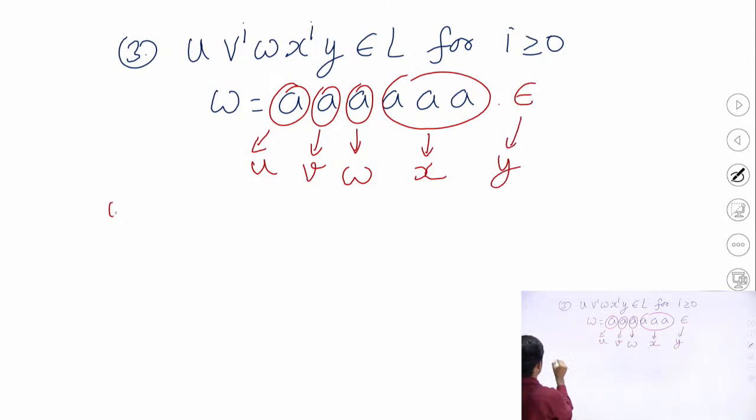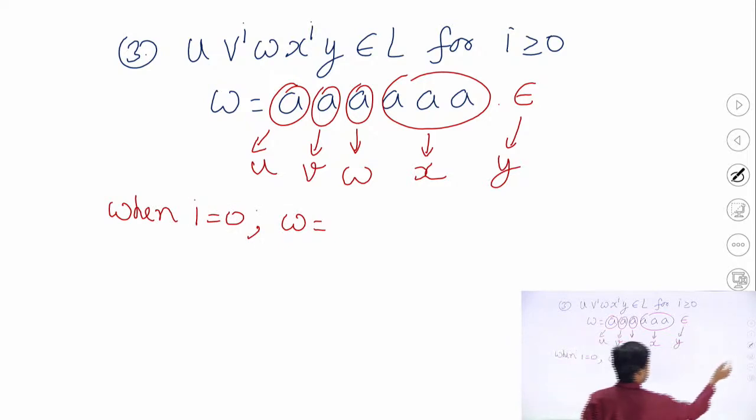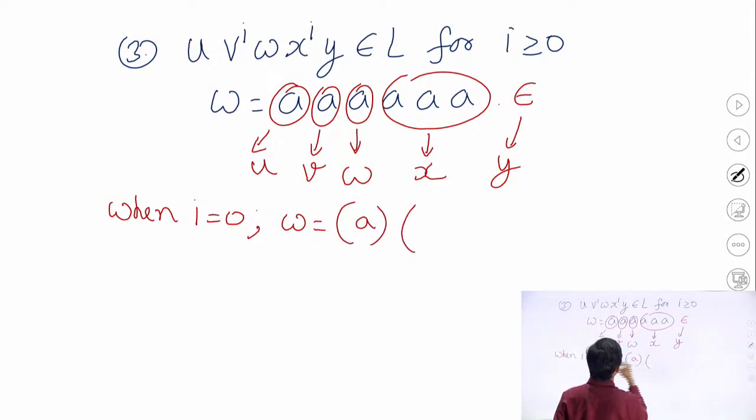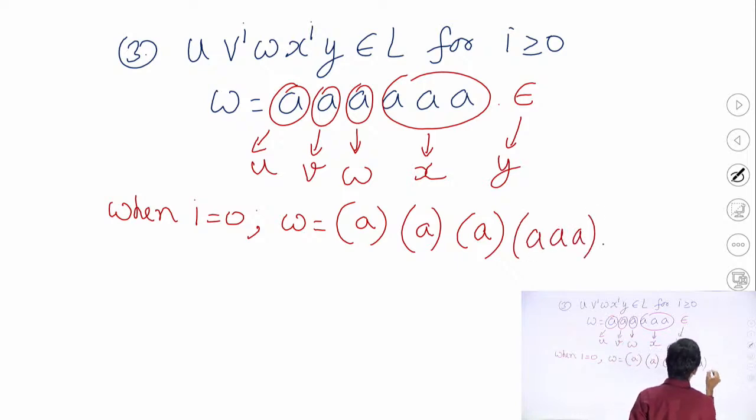When i equal to 0, v is a, w is a, x is 3 times a, and y is epsilon.